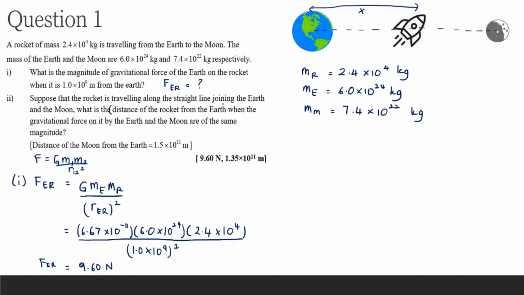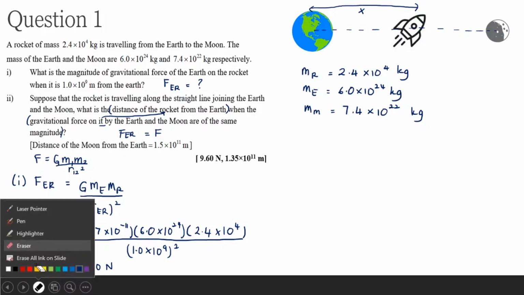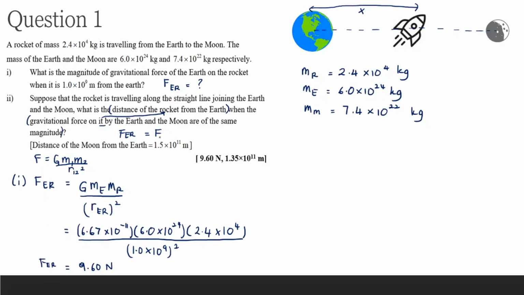So distance of the rocket from the Earth is what we're trying to figure out, and the question tells us that gravitational force on it, it refers to the rocket, by the Earth and the Moon, they are of the same magnitude, meaning FER, the value is exactly equal to FMR.